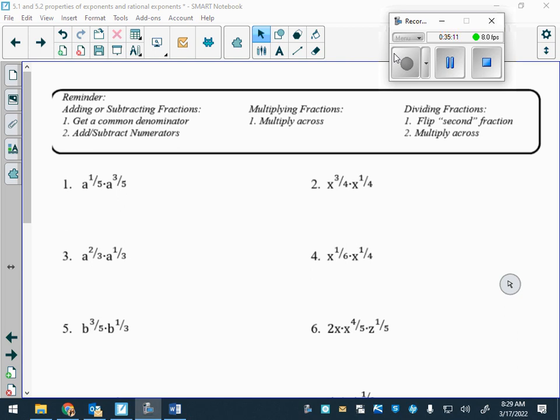B to the 3/5 in 12, it's 6/10, which reduces to 3/5. So with this, we have 3, 2a to the fourth, b to the 3/10 over 2. The 3 stays where it is.